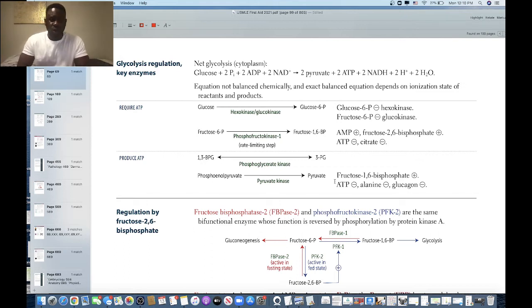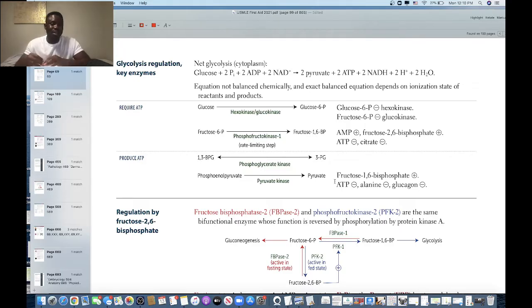Now, glycolysis regulation. So we saw earlier that glycolysis was the breakdown of glucose into pyruvate finally. Now, there are different steps in the glycolysis pathway. Some of them are highly regulated.